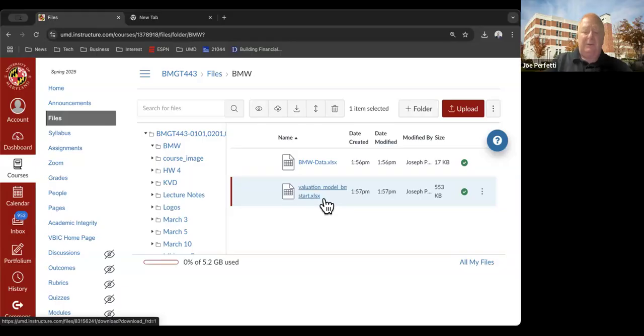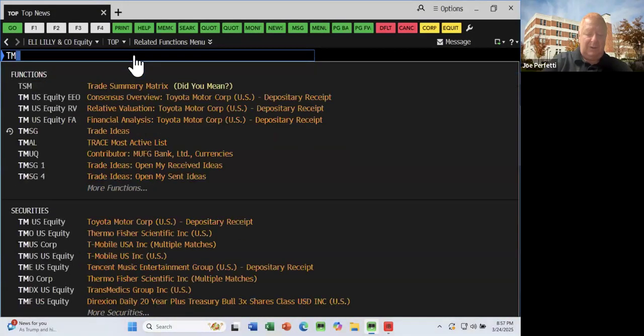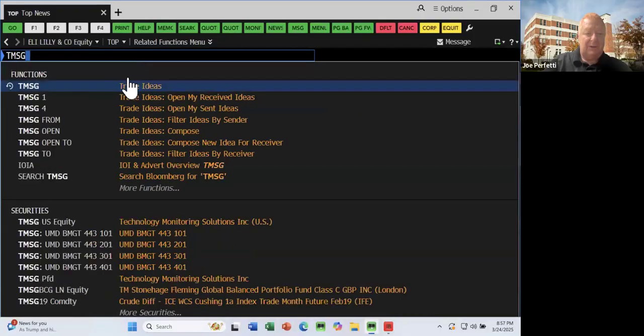While you're doing that, I want to mention a couple words about the Bloomberg Trading Challenge. The first half is over, and we are going to start the second half. If you go here to Bloomberg, we're going to use the same teams we had in the first half, same team captains.